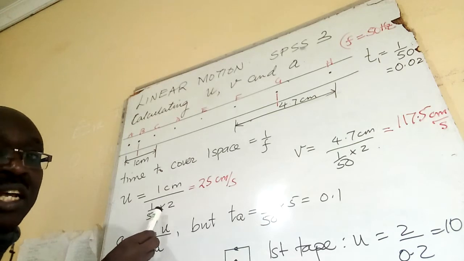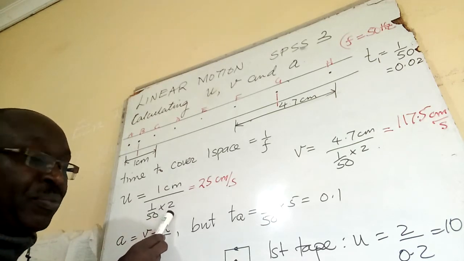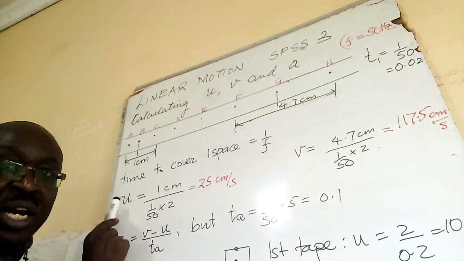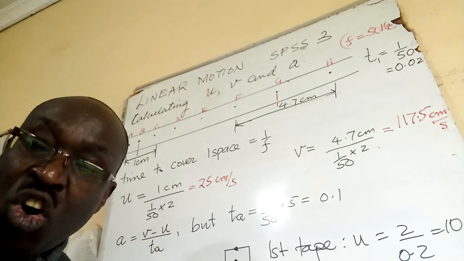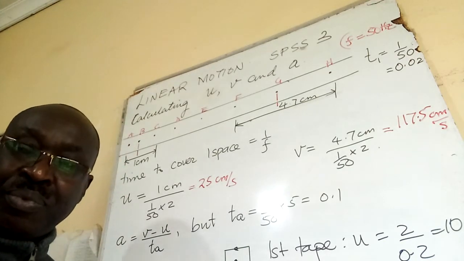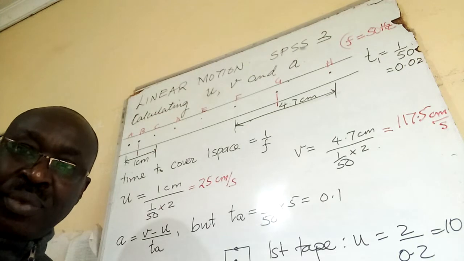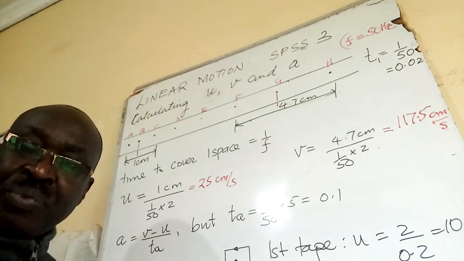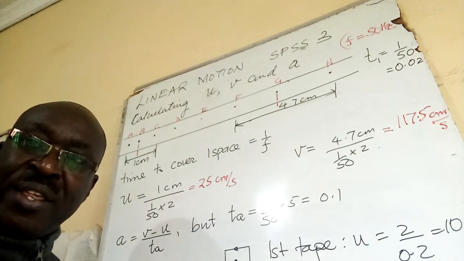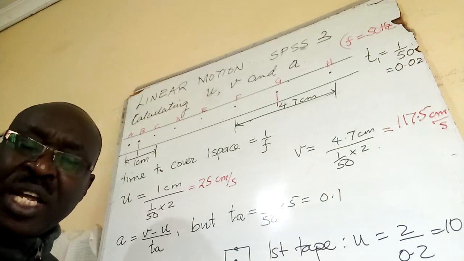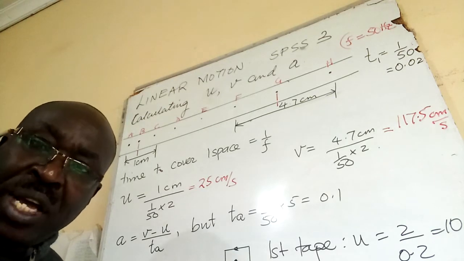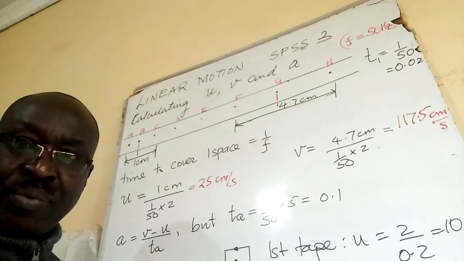Now, if I substitute in my formula, this one you can call it initial speed or initial velocity. Initial speed deals with figures. The same figures will be applicable in velocity.